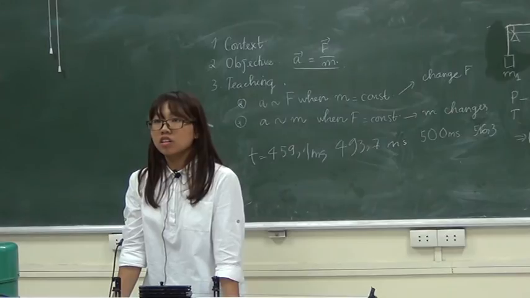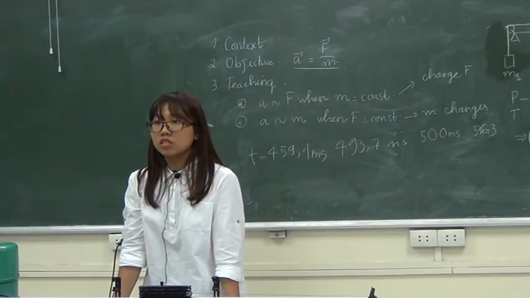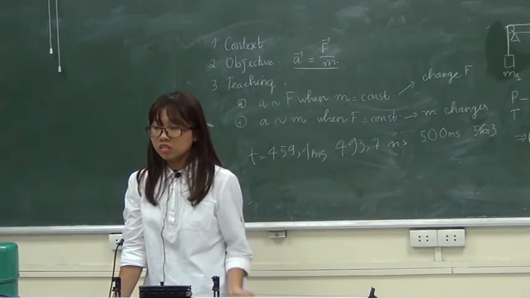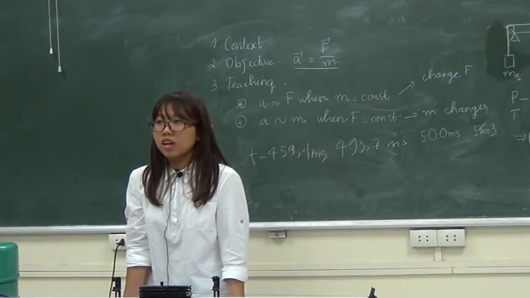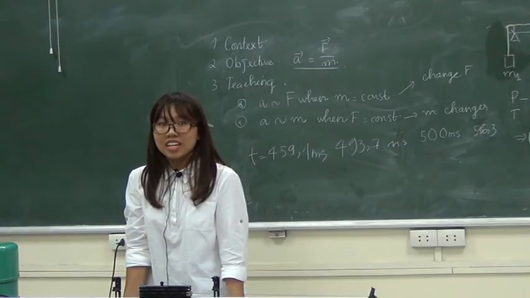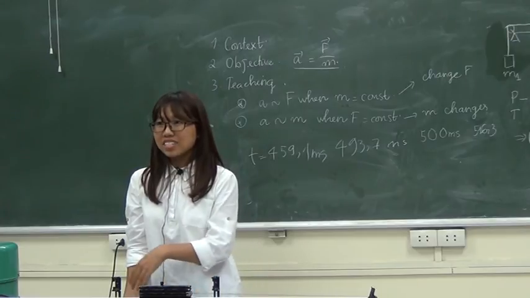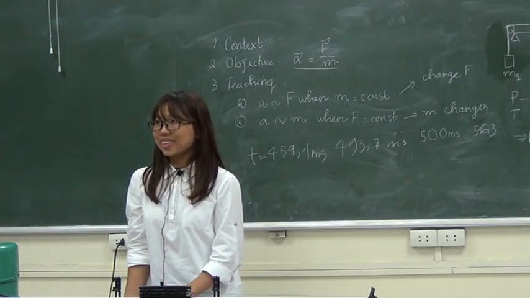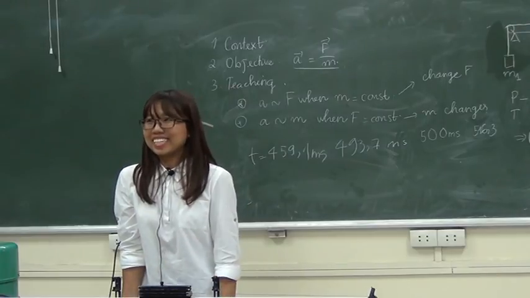Think about another example where we can still elicit the relationship between F and A, but in a different way than the way you did it. If a student can rely on an example, I will make them do the experiment.